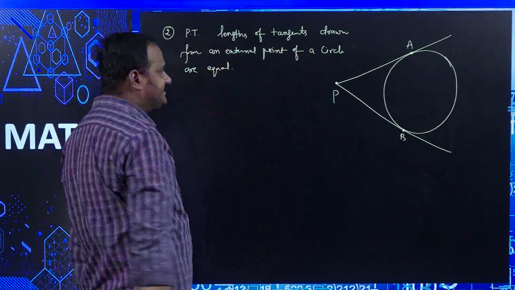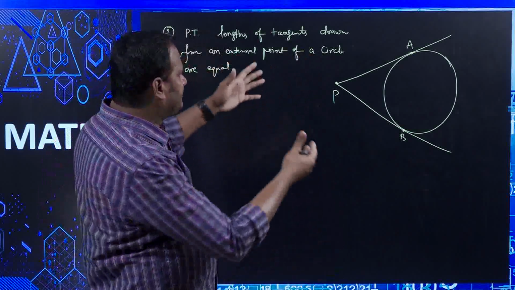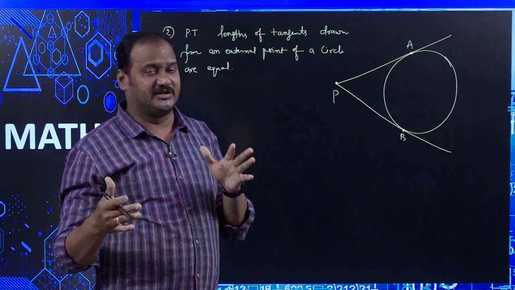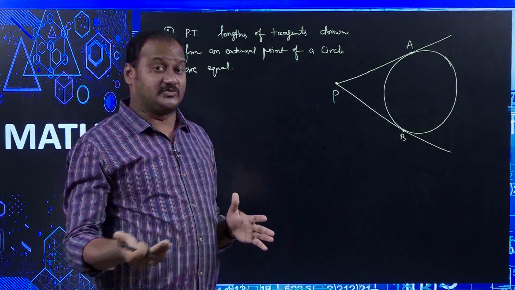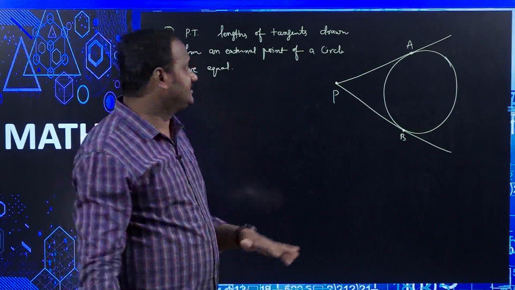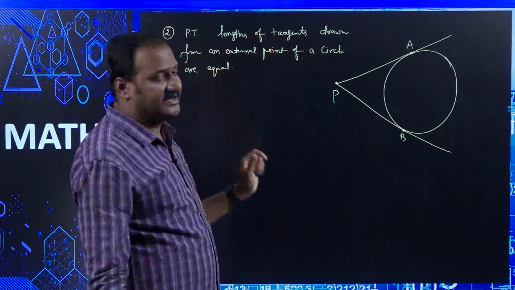This is a very basic and important property of tangents. Whatever properties we are discussing are all standard questions which were already given in board examinations and frequently come in board examinations, right? So prove that the lengths of tangents drawn from an external point of a circle are equal.